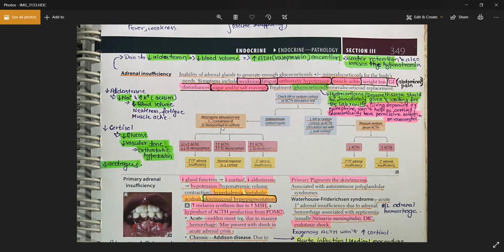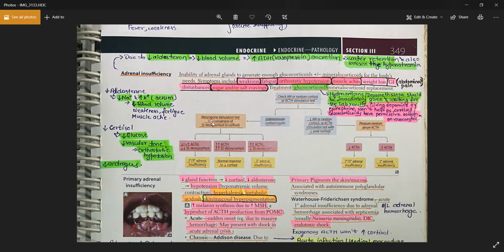Does anyone remember? Not 21. It's 11-beta hydroxylase, which acts on 11-deoxycortisol to convert it into cortisol, the activated form. Metyrapone inhibits this conversion.